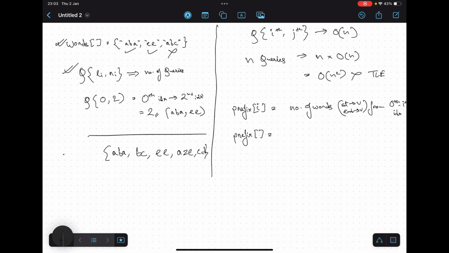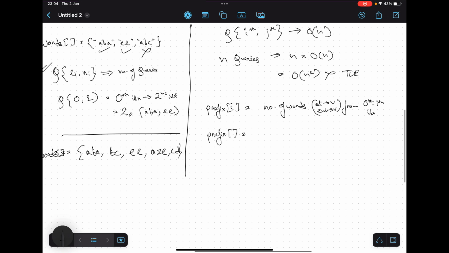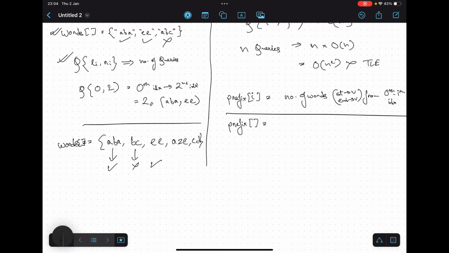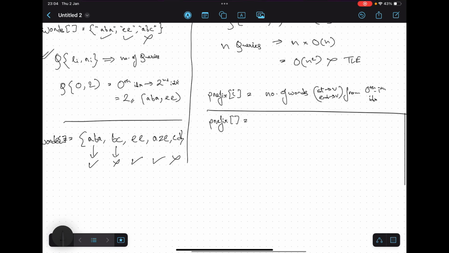If this is our words array, then our prefix would be, because the first element satisfies, yes, second is not, third again satisfies, fourth satisfies, and fifth does not. So our prefix array would be 1, 1, 2, 3, 3.